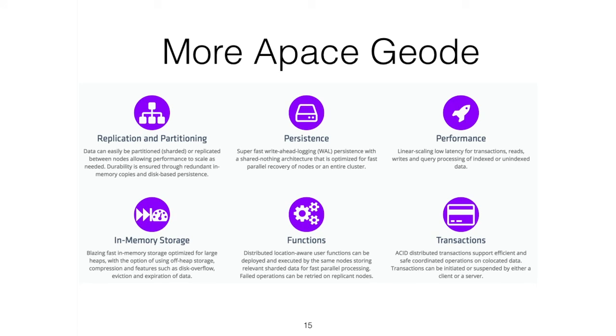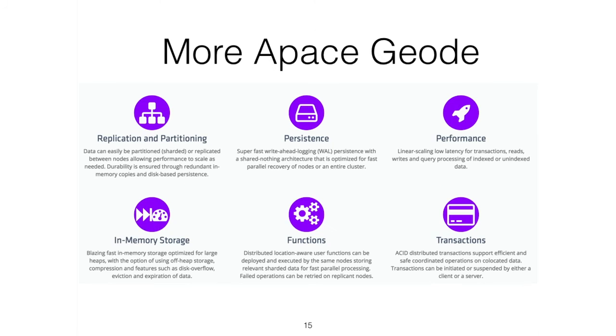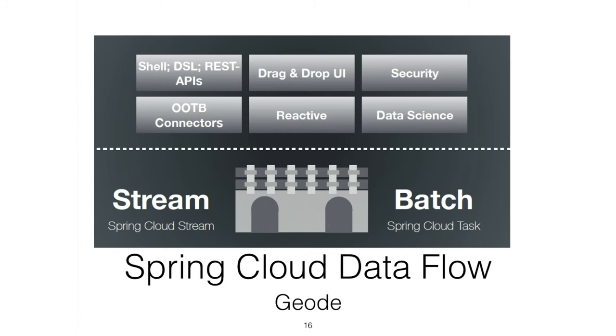I know this is a lot to absorb, but what I'm trying to convey is move your data to Apache Geode and then either process it on Geode directly using Apache Geode APIs, or use the Spring Cloud Data Flow abstraction, so that in the future, instead of binding to Apache Geode, you could bind to Hazelcast for that matter, or whichever distributed grid you like.